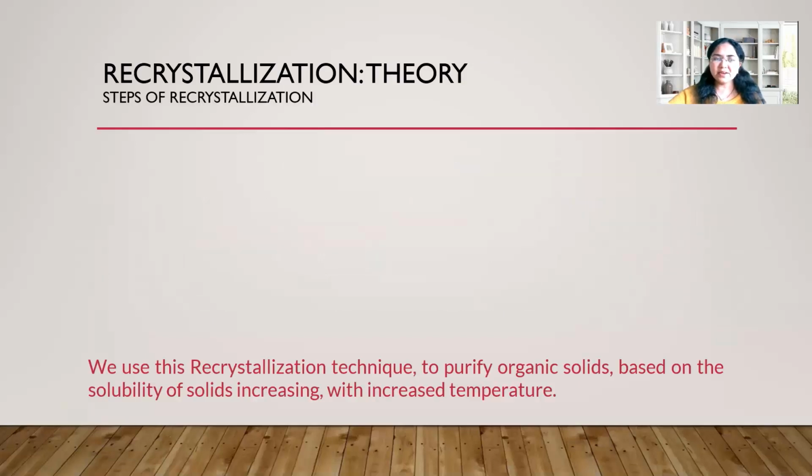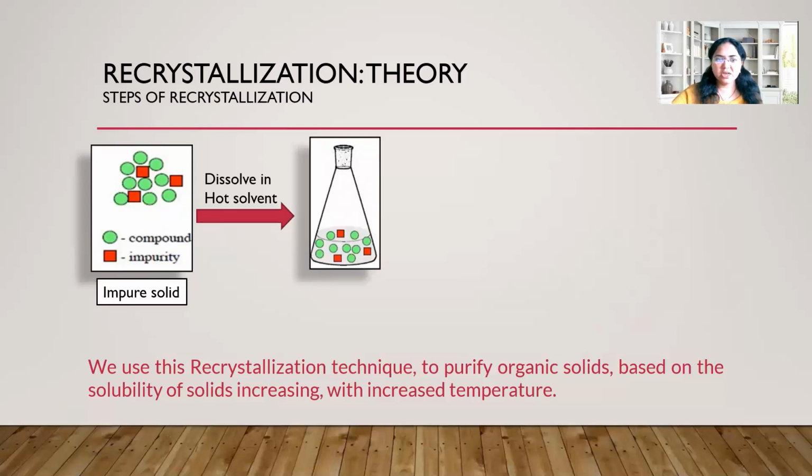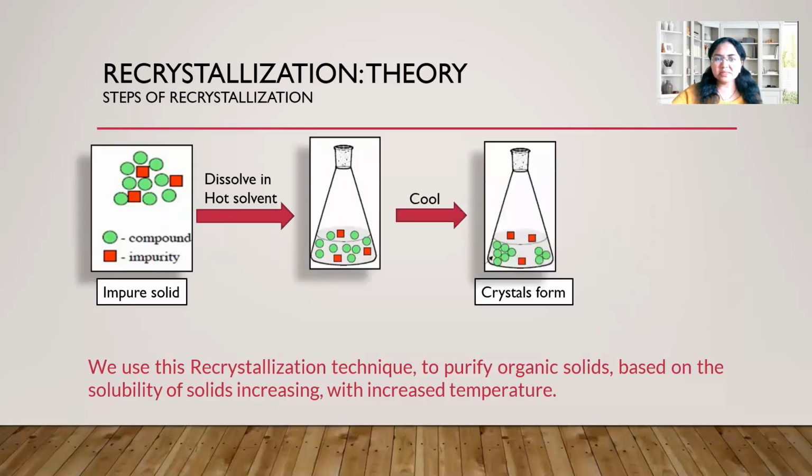So let's understand crystallization theory step by step. The crude solid is made up of the desired compound and impurities, and they all need to get dissolved in hot solvent. When the solvent is cooled, the pure compound crystallizes as a solid and the impurities are left behind in solution.